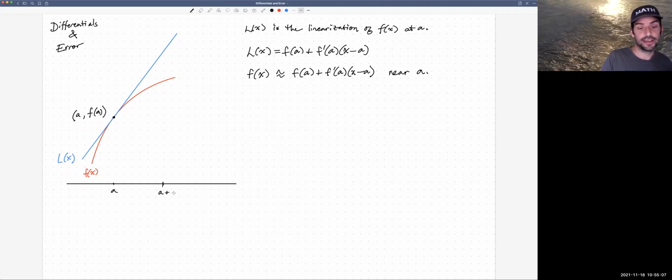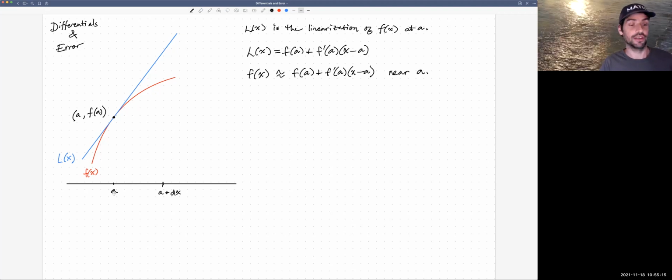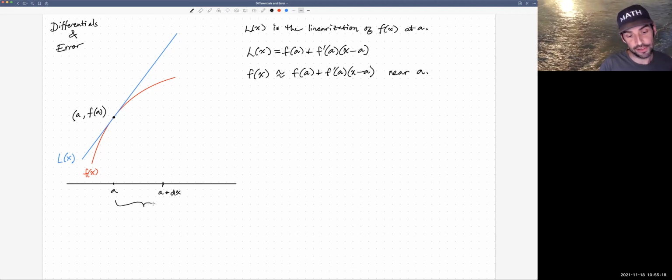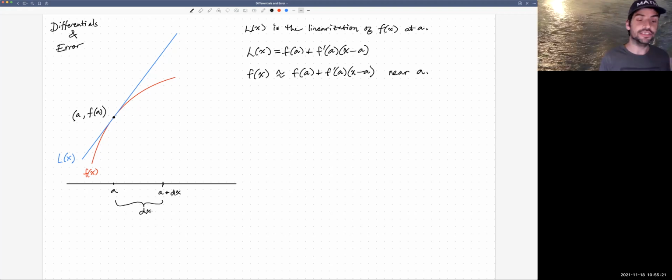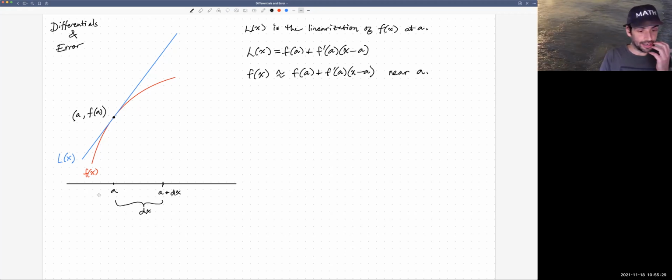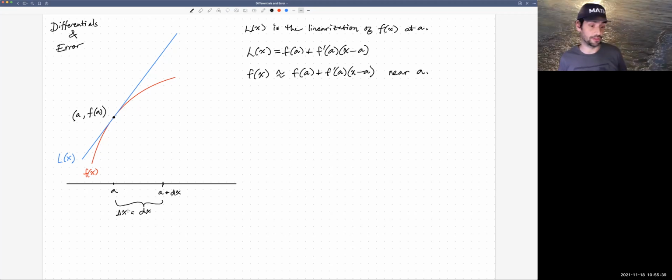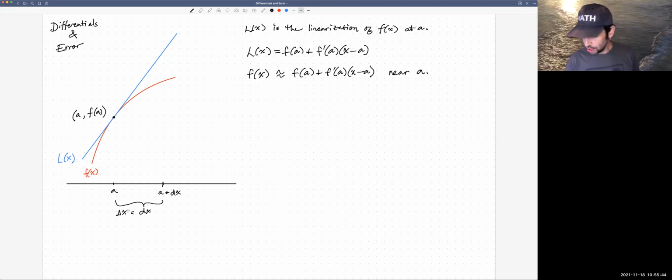So I'm going to write that as a plus dx. dx here is just meaning some small amount of input, so the width of that interval is dx. This is equivalent to delta x when we have two different x values, and so we can use both notations, but we'll see why we're going to use dx in a minute. Because when we get to the y values, there's going to be a difference between delta x and dx that we're going to examine.